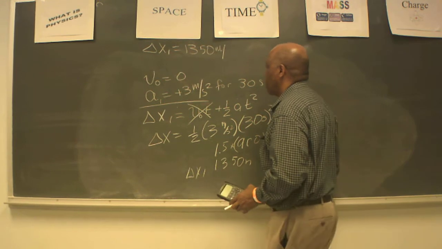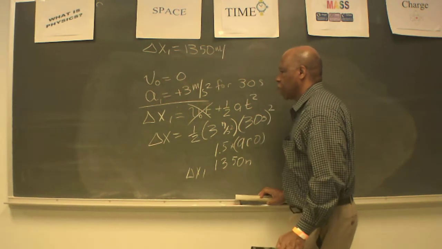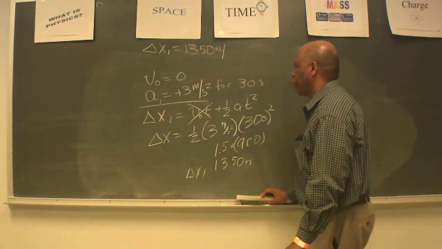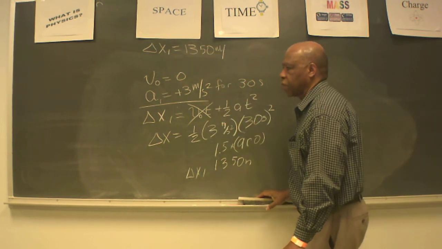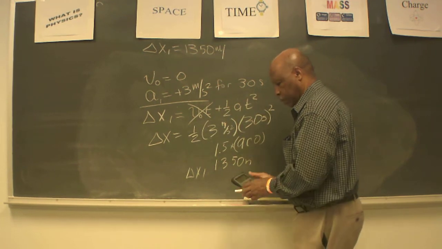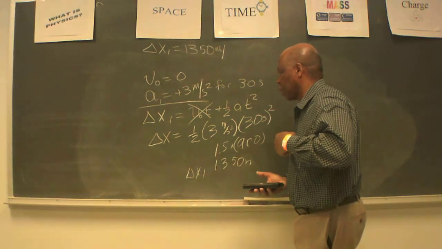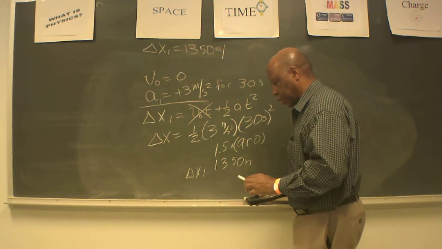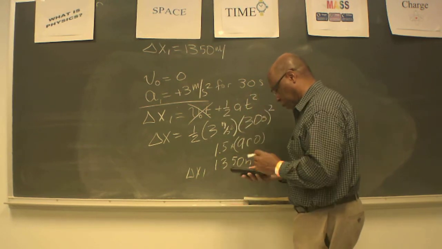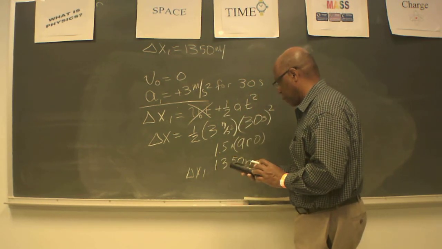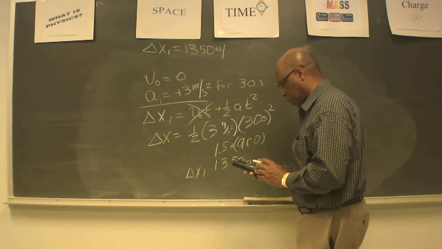Now, what is the speed? This final speed for this first part, because you're going to need that in the second part of your problem, because you're going to travel for 60 seconds at that constant speed you achieved in this first accelerated part. So let's determine that.